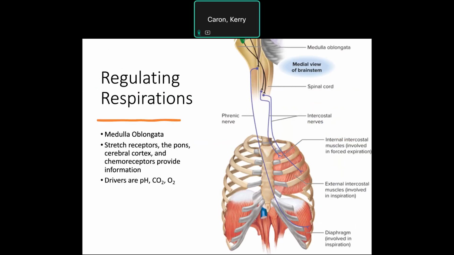So regulating respirations, I mentioned that the medulla oblongata is the main center in the brainstem that handles respirations. We have stretch receptors, the pons, the cerebral cortex, and the chemoreceptors that provide us information about pH and CO2 and oxygen. So that's kind of how the medulla oblongata decides.